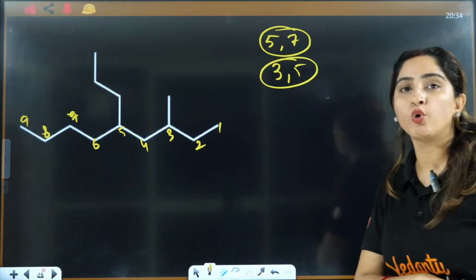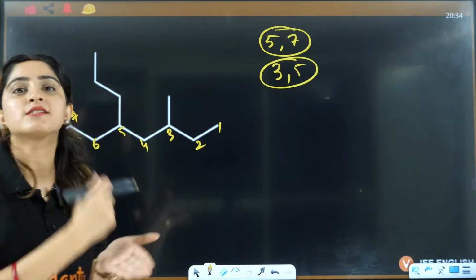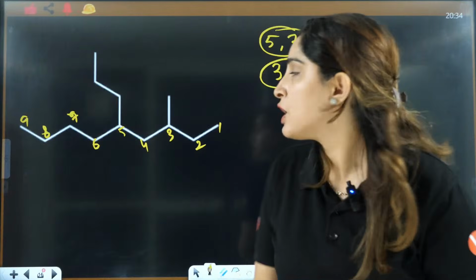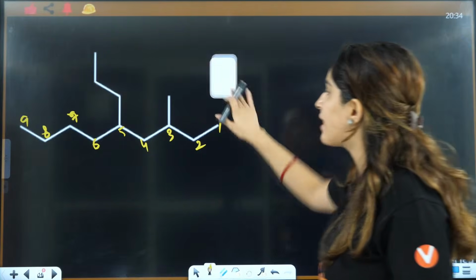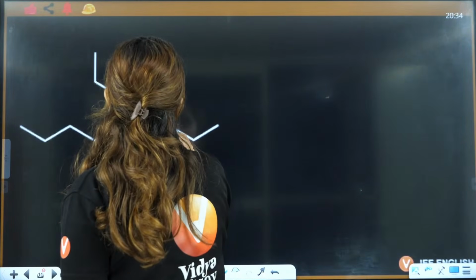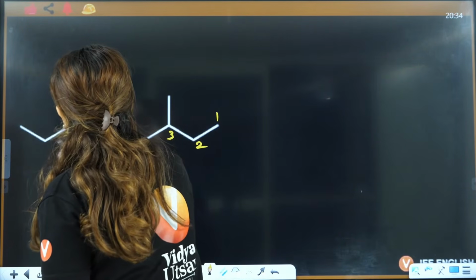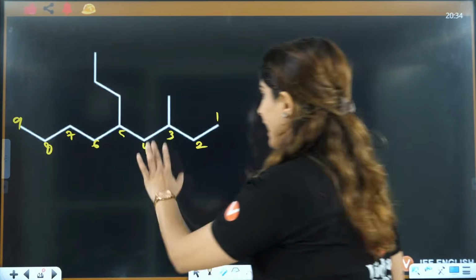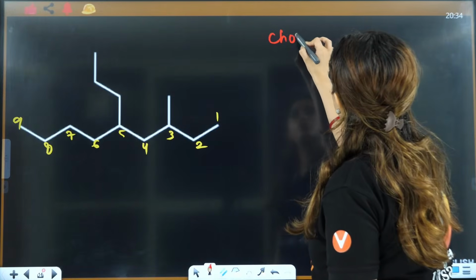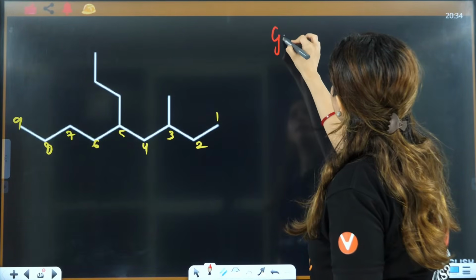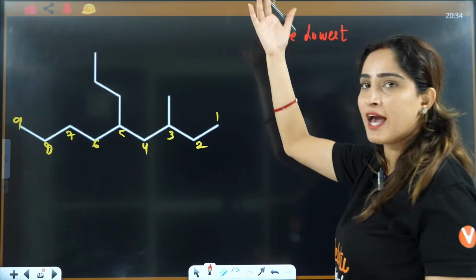Now, according to the lowest locant rule, you will locate it to the lowest possible number. So that means I will neglect this and I will choose this. That means 3 and 5 I am going to choose. Here you can write: give lowest number, so that when you see your notes you can say why you have written it here.